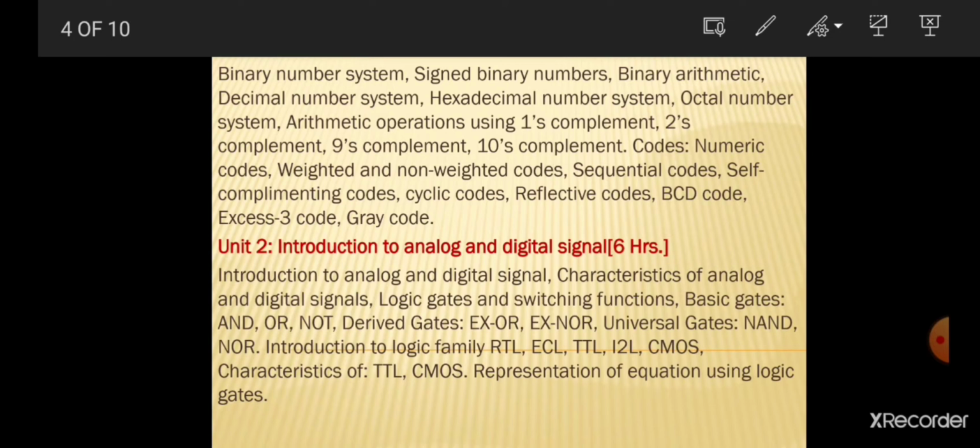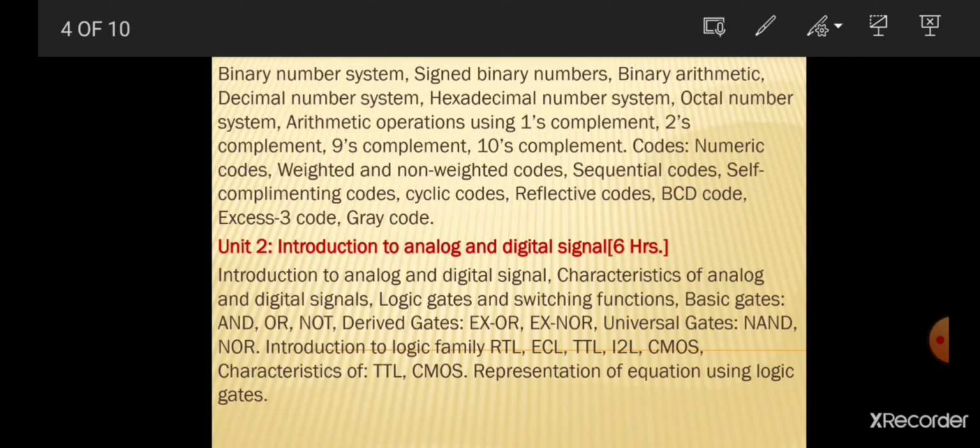Then the next point is logic gates and switching functions. Different logic gates like AND gate, OR gate, NOR gate, and derived gates. These different gates we are going to study. And XOR gate, XNOR gate, universal gates, NAND gate, NOR gate.